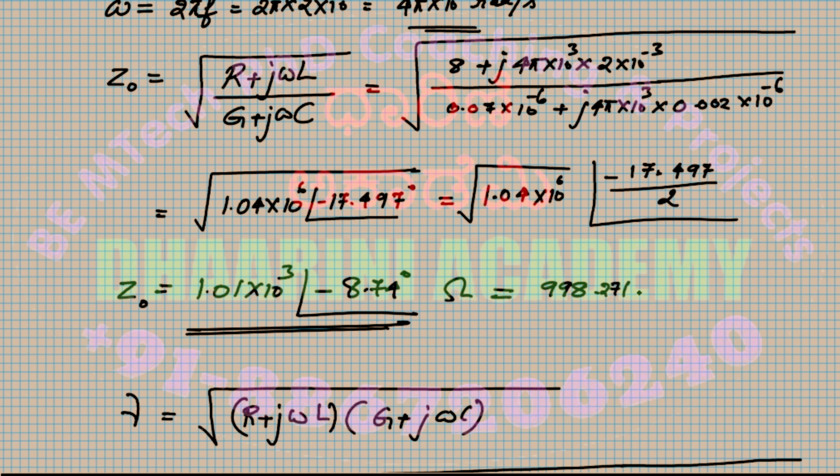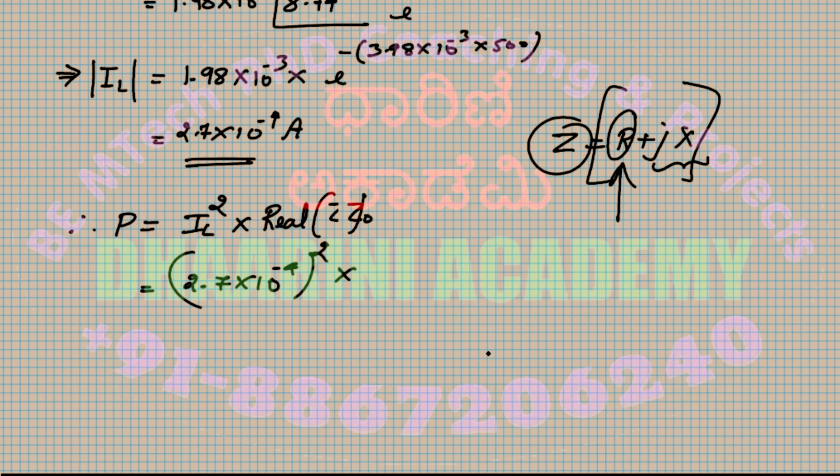998.271, 153.47. J is already written. So this is the format, in ohms. Out of which I'm going to use only 998.27.